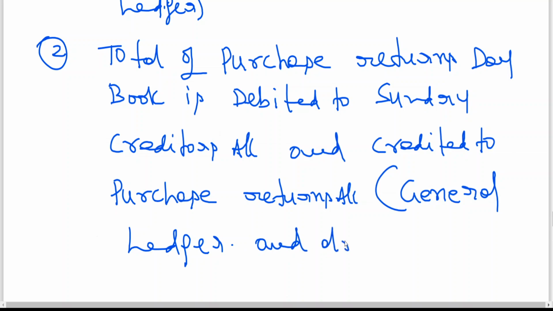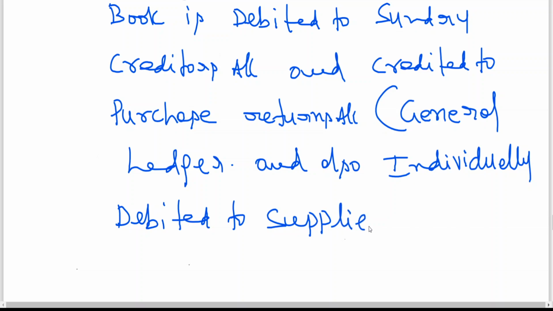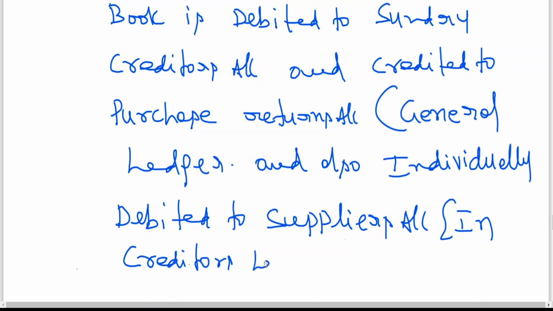And also individually debited to suppliers account, because when there's a purchase return, supplier to purchase returns we write. Individually debited suppliers account. In which ledger? In creditors ledger.